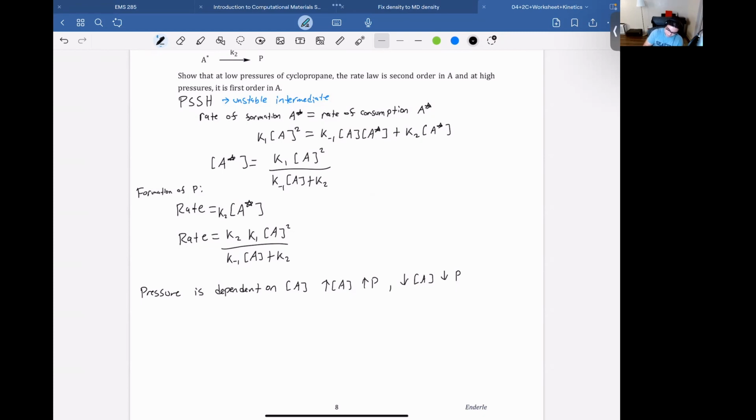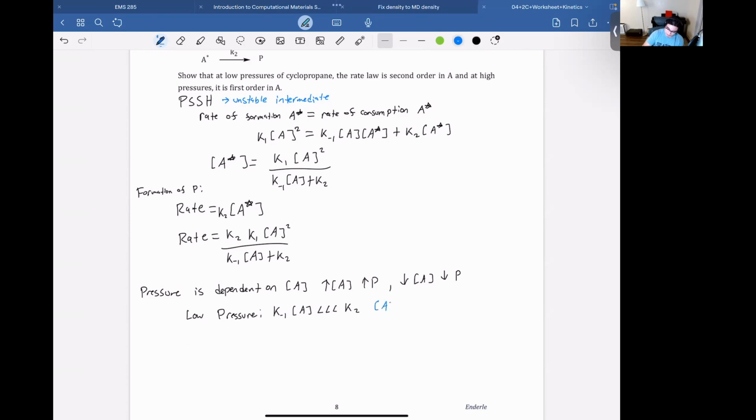So at a low pressure, the terms we're looking at again are these bottom terms, K minus 1 times the concentration of A plus K2. We're not even looking at the K's here. We're really looking at the concentration of A based on this pressure. So at a low pressure, we know that K minus 1 times A is probably going to be a lot smaller than K2.